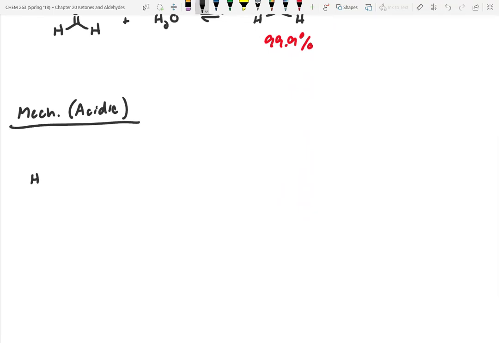And we'll stick with formaldehyde because we know it's super duper reactive. What do you think the first step's going to be in the acidic condition mechanism? Protonation, absolutely. Fastest reaction in chemistry is protonation. Or sorry, acid-base chemistry, I should say. So we'll protonate our carbonyl.